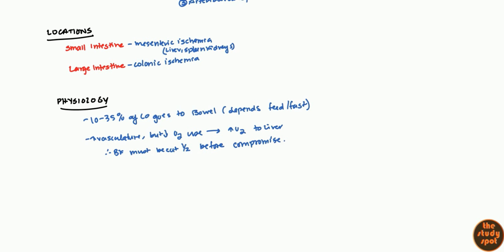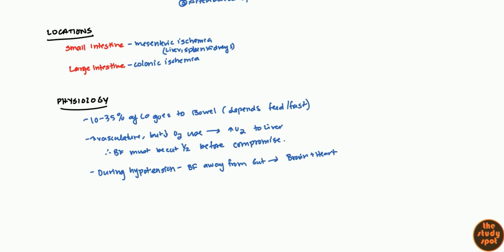So if you cut the blood flow even up to 50%, you still might be okay. And this is the reason why during hypotension, the blood flow goes away from the gut and it goes towards the brain and heart. There's many reasons for this. First of all, like we mentioned, it doesn't necessarily have a high blood flow because of the oxygen requirement, but more because of nutrient absorption.